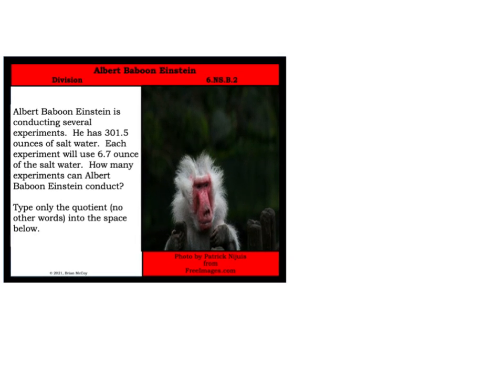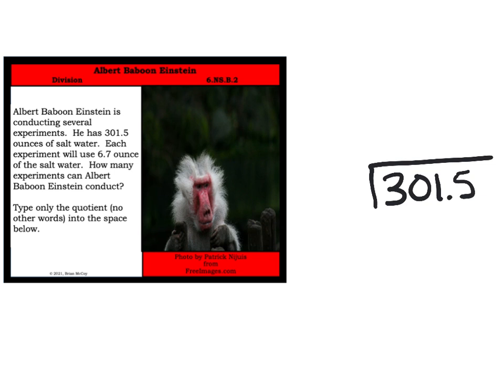So here we go. I've got 301.5, and I'm dividing it by 6.7. Superb. All right, so the very first thing you always must do is move that decimal. You can never have your divisor have a decimal in it, okay?